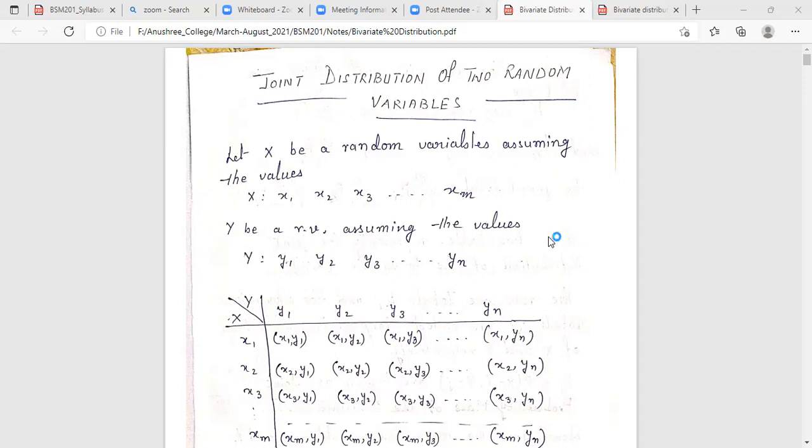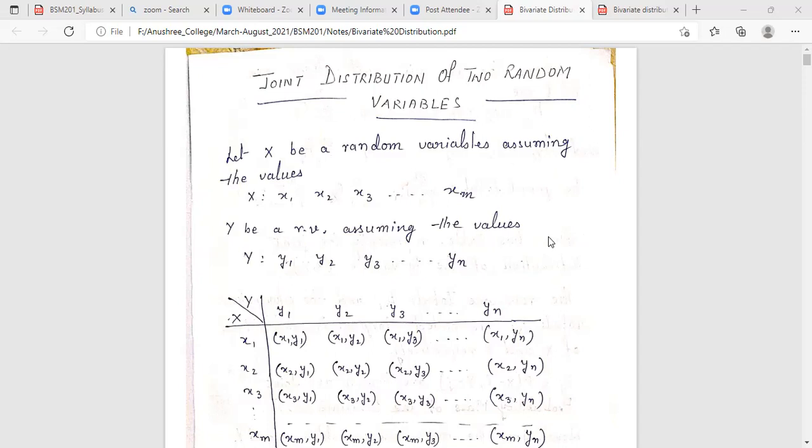Then we have taken another random variable y, which is taking values y1, y2, y3, up to yn. So there are m values for the random variable x, and for y there are n values.